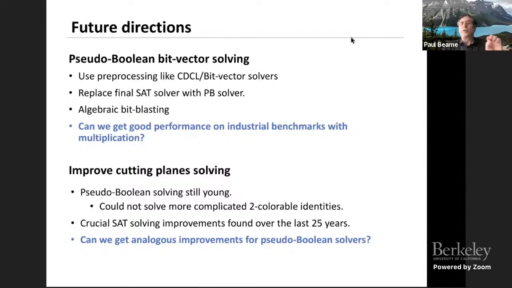I totally agree with you. If what you want to do is check your multipliers in isolation, then that polynomial calculus approach is not a bad approach. There are some issues there as well. Cutting planes in principle can handle all that. It's just that our pseudo-Boolean solvers are too weak to convert those clauses into constraints.